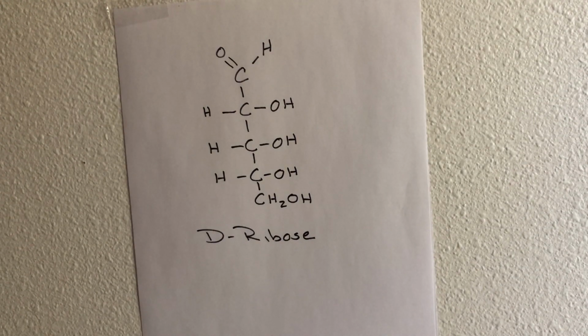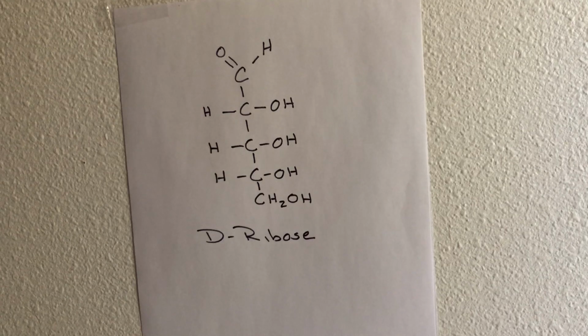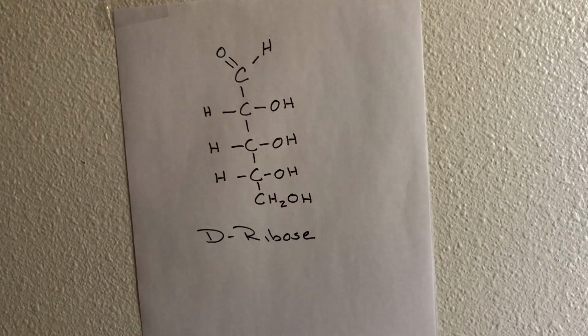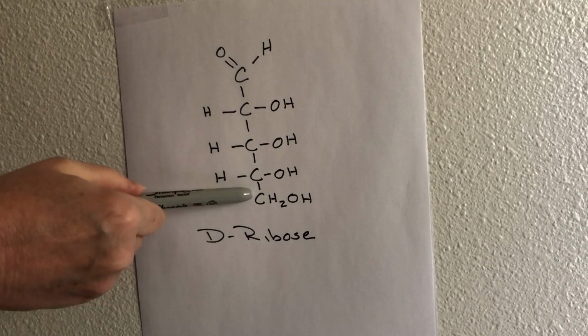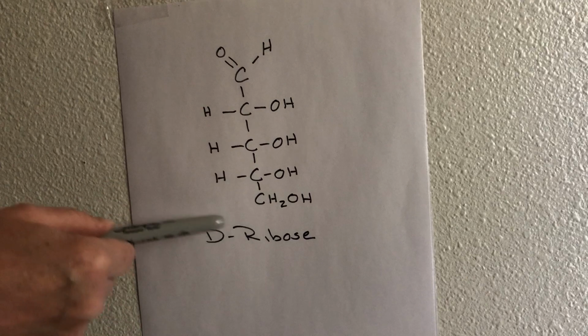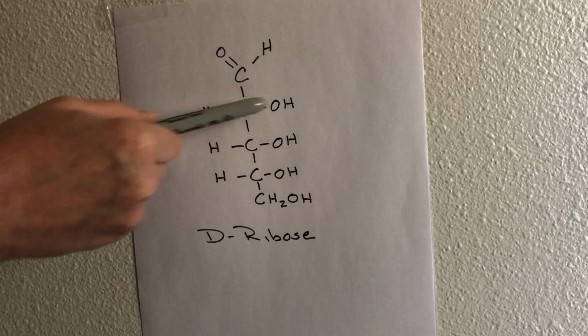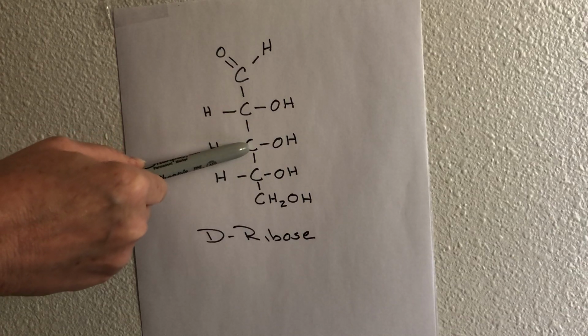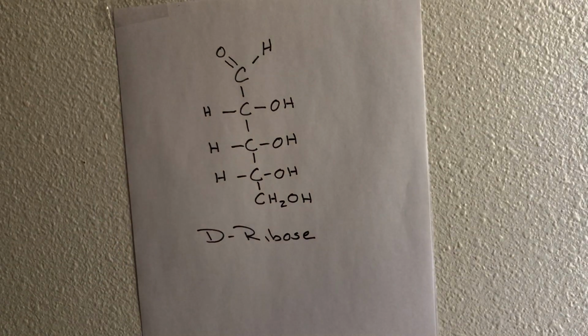So how many chiral carbons are there in here? Well, the first one, of course, is not chiral because he's not sp3 hybridized. The final one is not chiral because he's got two of the same groups attached. But this guy has an O, an H, an aldehyde carbon, and a not an aldehyde carbon, so 4 different groups.